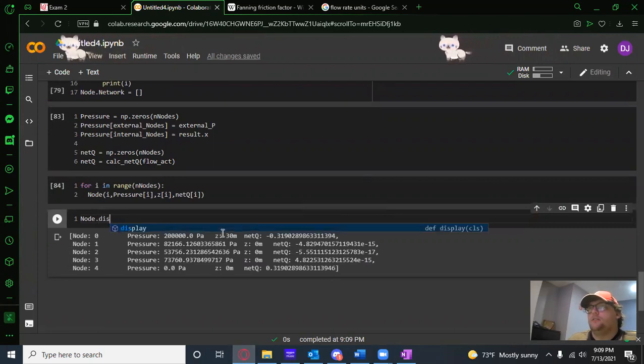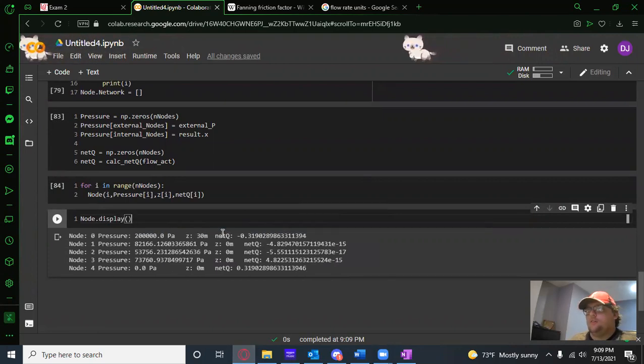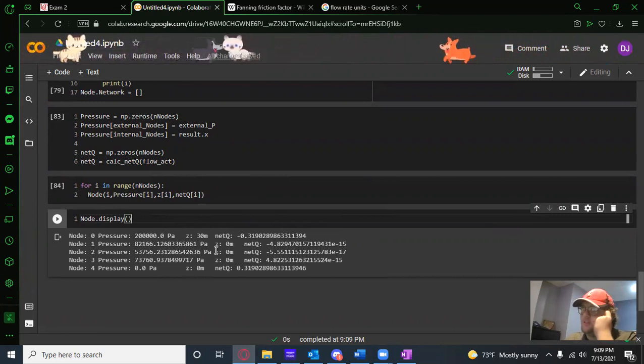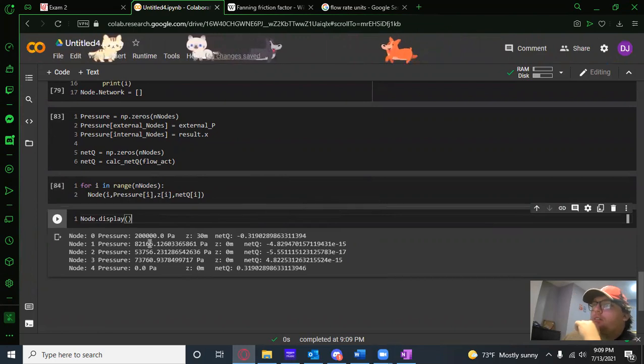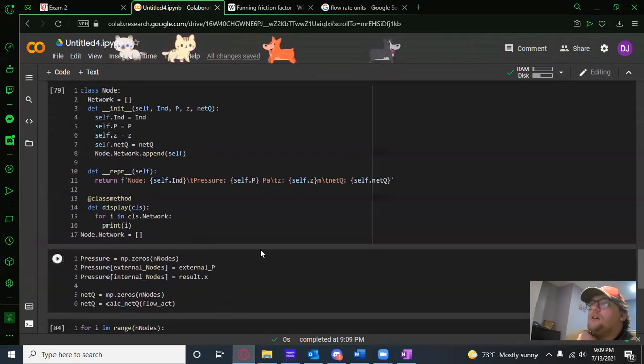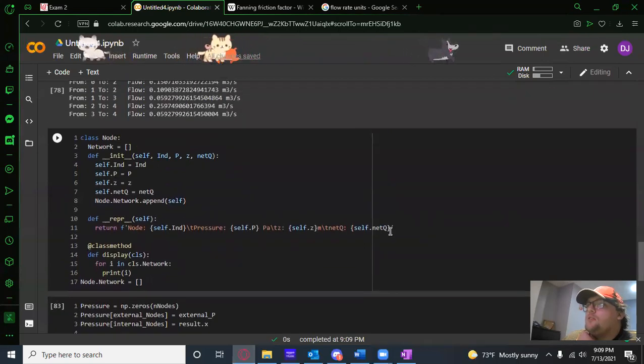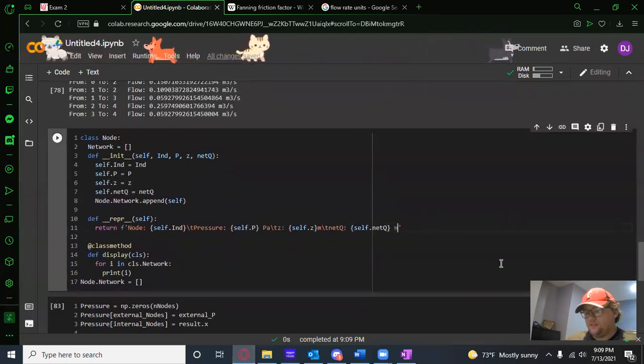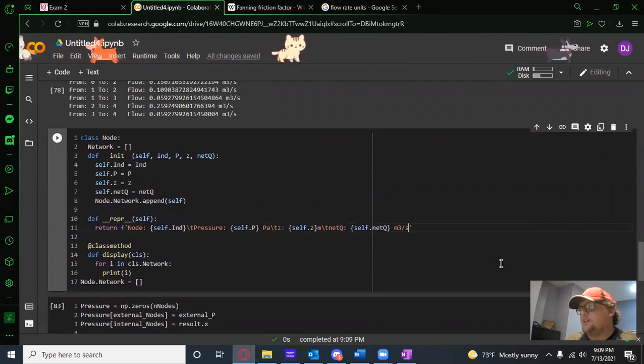So node.display. All right, with node.display we got 2,000 or 20,000, is that right? 200,000 pascals at node 0 with a net Q right there. Actually, I just realized I should probably put units there, it's meters cubed per second.